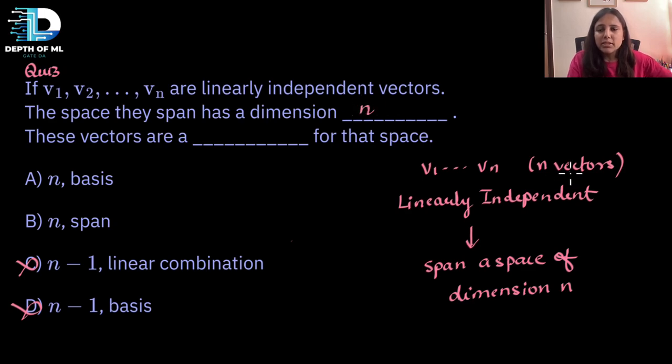Now the second part: these vectors are a dash for that space. Let's see these 2 options, basis and span. Let me try with span first. These vectors are a span for that space. That's an incorrect statement. The correct statement would have been that the vectors span the space.